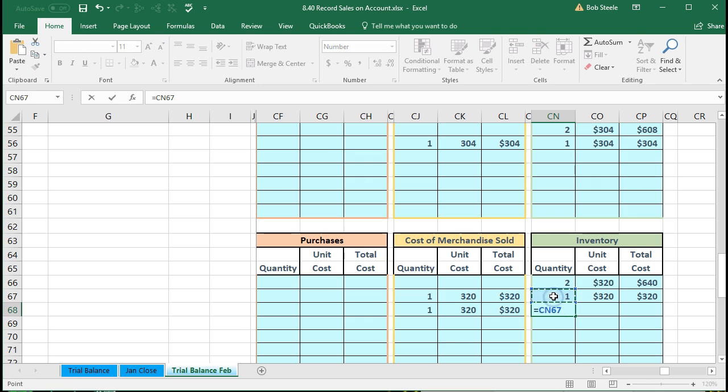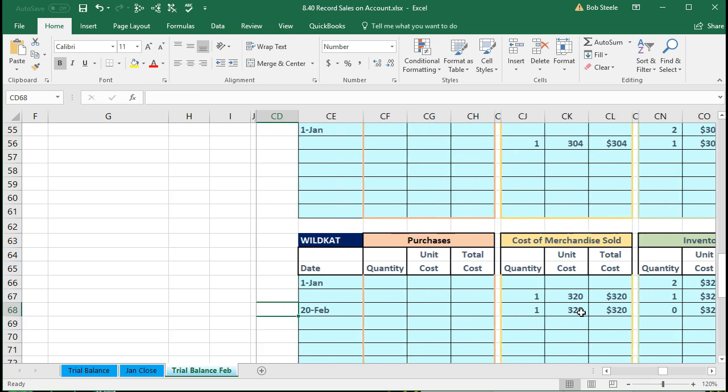It's not just to make it complicated, by the way, because it's important to do. We're going to say the 1 minus the 1, and bring down the amount, which is equal to the 320, and multiply it out, which will be 0 times 320, or 0. So that 320 right there, that's the amount we need in our journal entry.